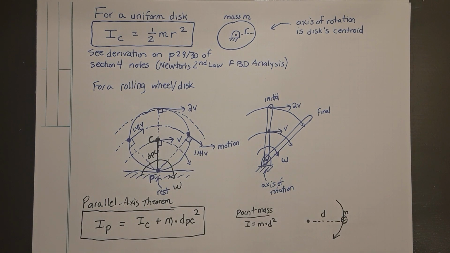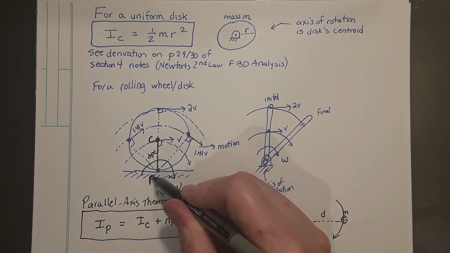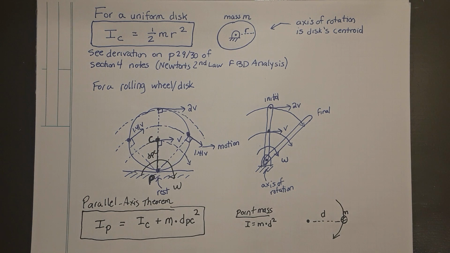So you have to measure the distance from the new axis of rotation, point P, to the centroid, its minimum moment of inertia axis of rotation. And so you add the mass times distance from P to C squared. You take this number, IP, and that's what goes into Newton's second law for rotation.